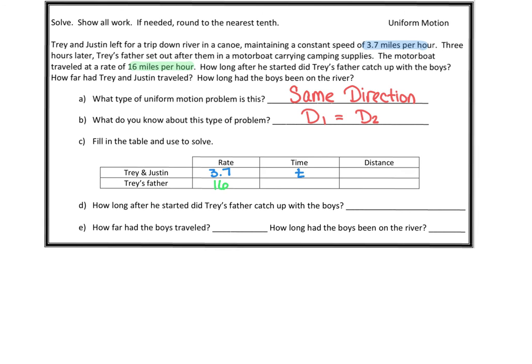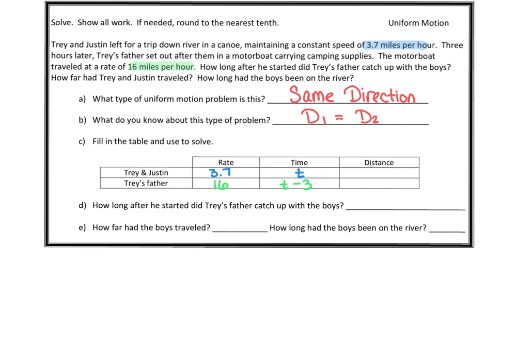If their dad left 3 hours later, did he travel for more time or less time? Less time, right? He was going faster. And I'll tell you, if you just figure out which one's going faster, they're going to be the ones traveling less time in these, okay? So I'm going to subtract 3 hours from Trey and Justin's time to get Trey's dad's time.